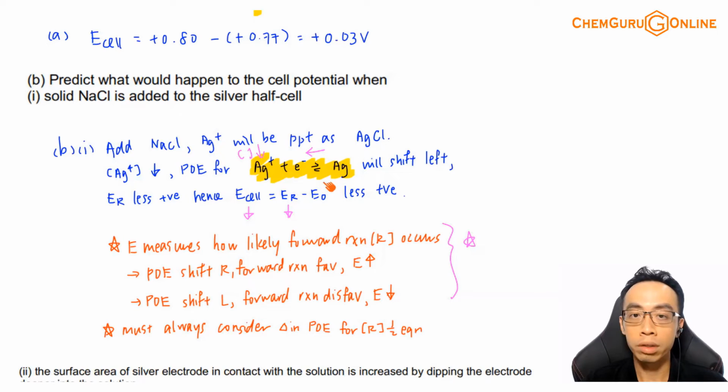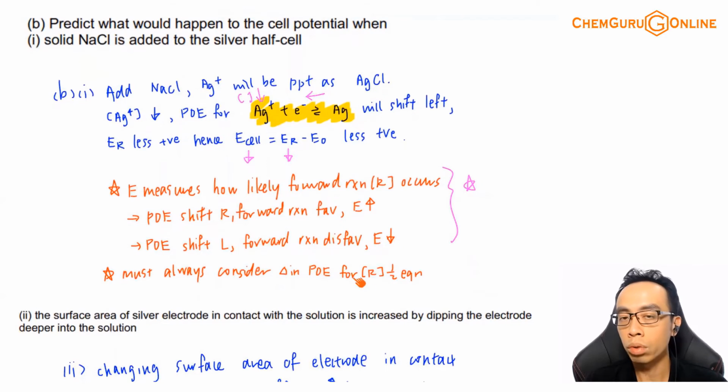It's all based on the reduction half equation that is in the data booklet. So if for whatever reason you happen to use the oxidation half equation, you shift left and right, the outcome is opposite, then whatever conclusion you have is all wrong. So don't have the habit of flipping the equation. Again, if you consistently just use whatever is inside the data booklet wholesale, then there's no problem at all. It wouldn't even be an issue when we do this exercise.